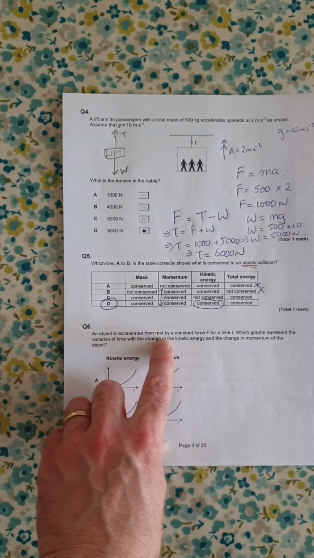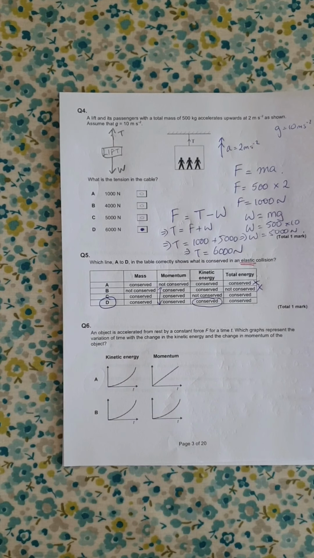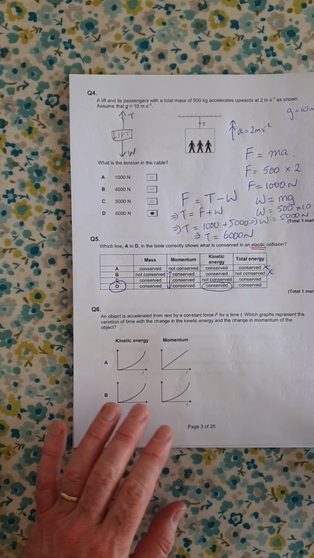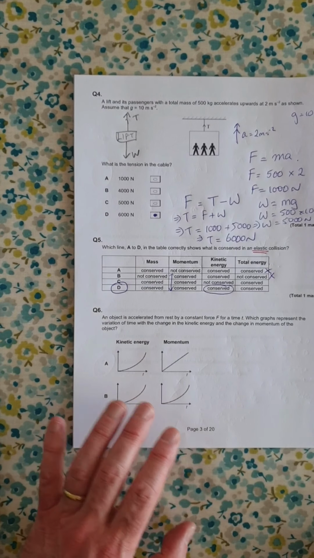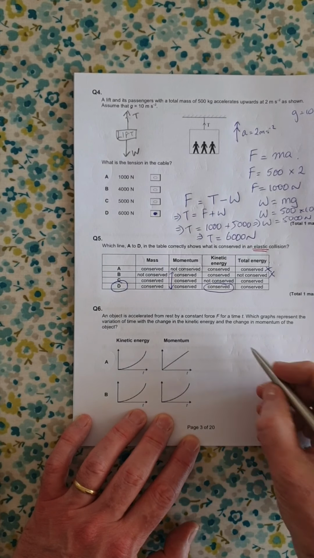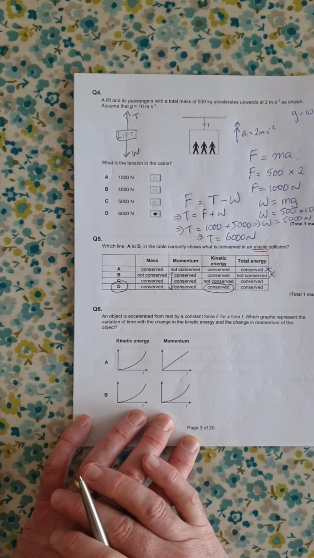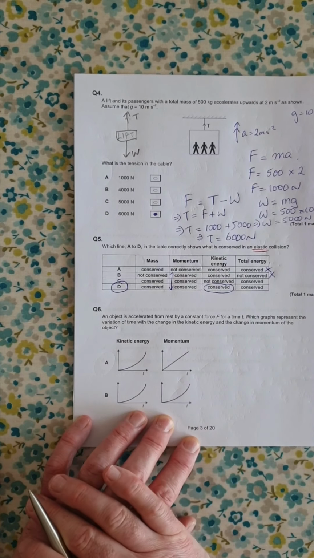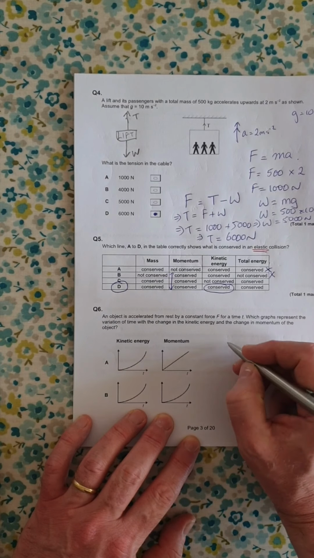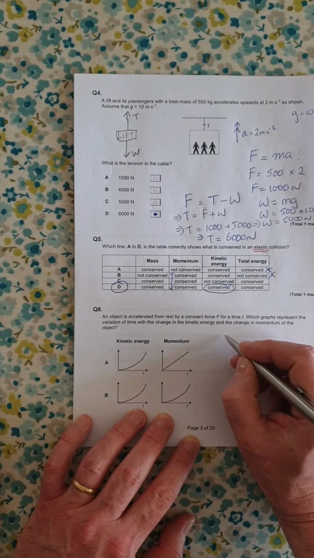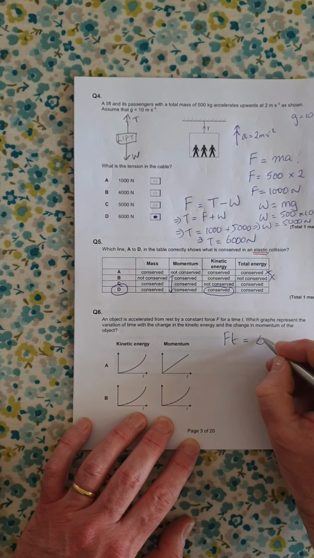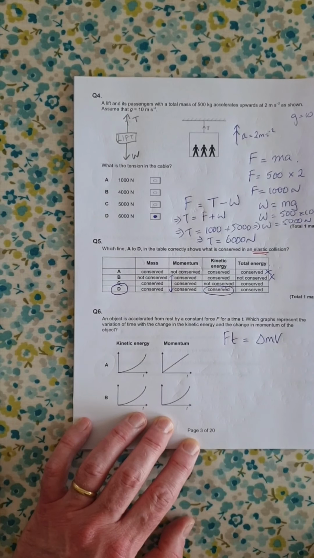We're told that an object is accelerated from rest by a constant force for a time t, which graph represents the variation with time of the change in kinetic energy and change in momentum. So if we think about what this means in terms of what sort of graph relationship we would need. So if we look at momentum first of all, so we have that impulse or force times time is equal to the change in momentum.